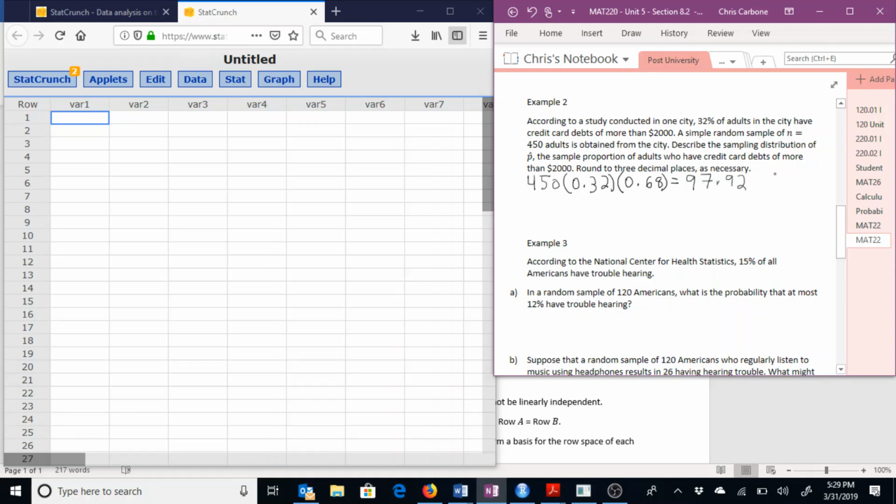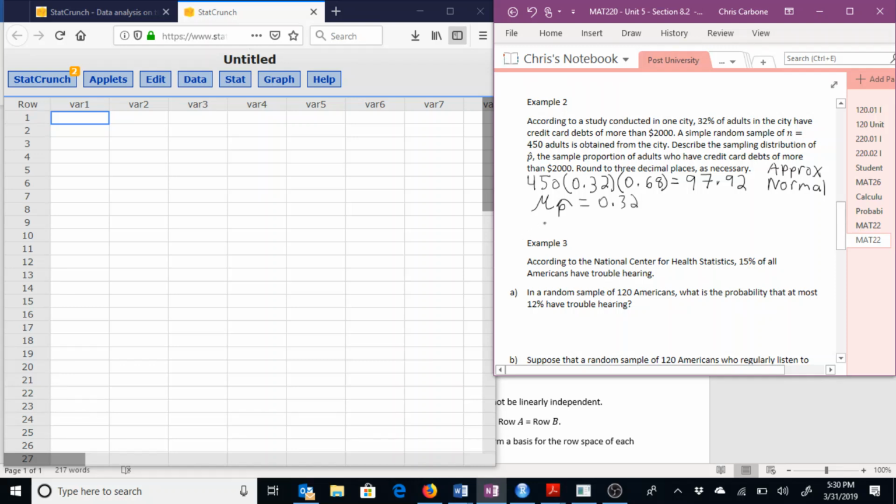So because of that result, this is going to be approximately normal. So the mean of our sampling distribution will be just equal to the population proportion, or 0.32.